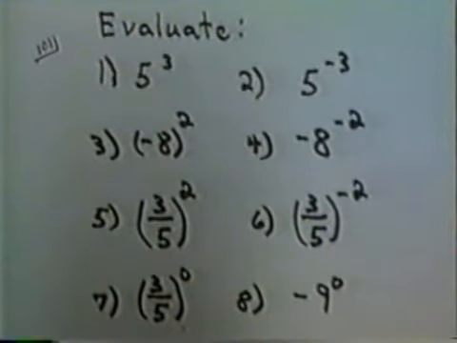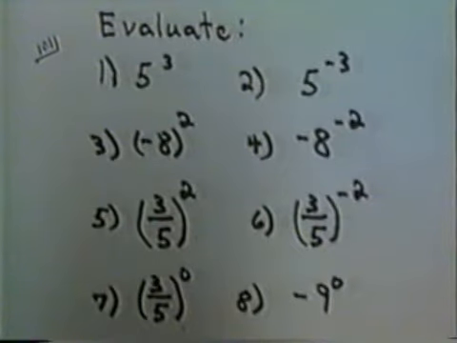The second one, 5 to the negative third power. 5 exponent negative 3. The third one, negative 8 squared. Negative 8 exponent 2.